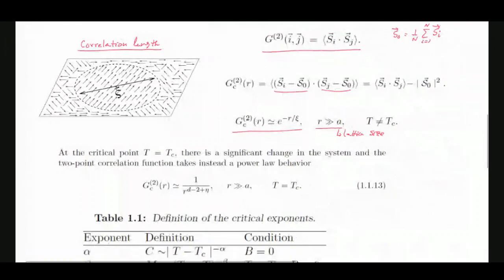So this one captures the fluctuations in the order parameter, and these are the correlations in the order parameter.